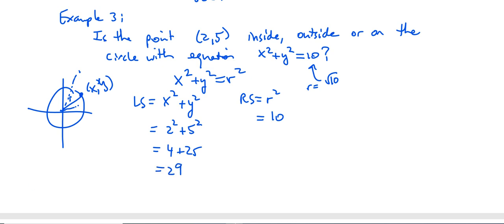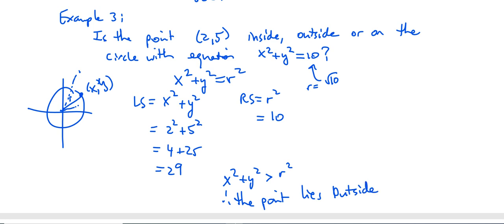So x squared plus y squared is clearly much bigger than r squared. Therefore, the point lies outside the circle. It's saying the distance from the center to that point is larger than the radius of the circle.